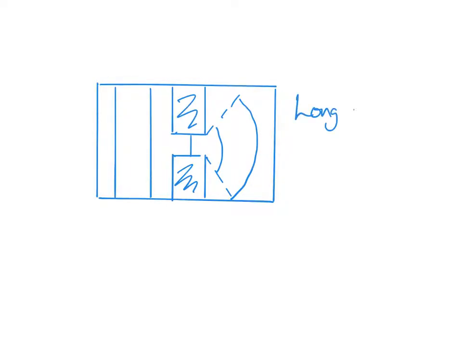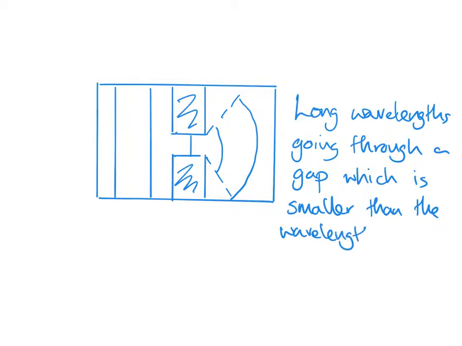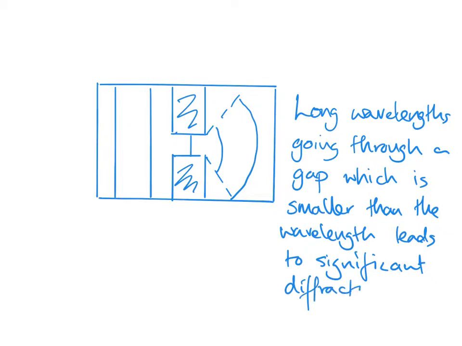So long wavelength going through a gap which is smaller than that wavelength leads to significant diffraction. Almost semicircular.